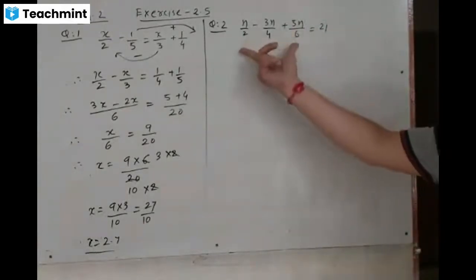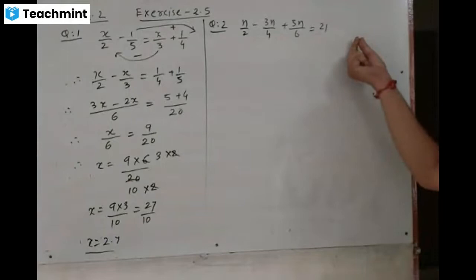Here the left side terms are all variable terms and the right side term is a constant term.